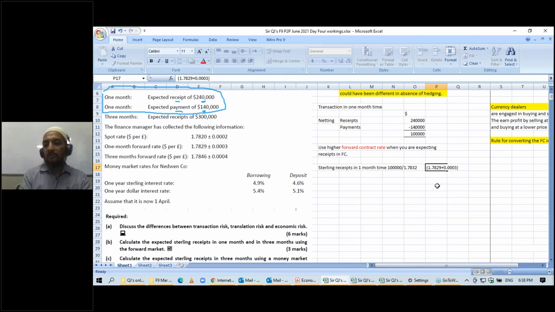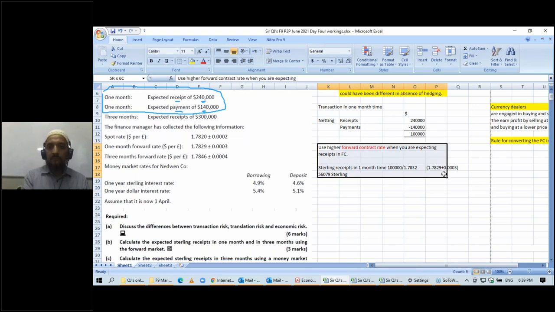So this becomes your higher rate when you add the margin of 0.0003. So this gives you the sterling receipts, which will be 56,079 sterling. So that's the answer to your 1 month part.